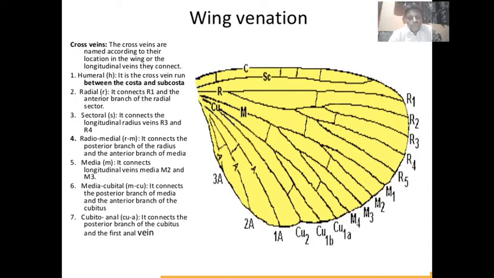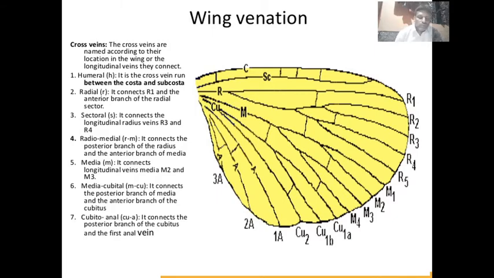Now cross veins. What are cross veins? Cross veins are those veins which connect two longitudinal veins. When there is a link between two longitudinal veins, that link is called a cross vein. Number one is humeral. Humeral veins connect costa and subcosta.